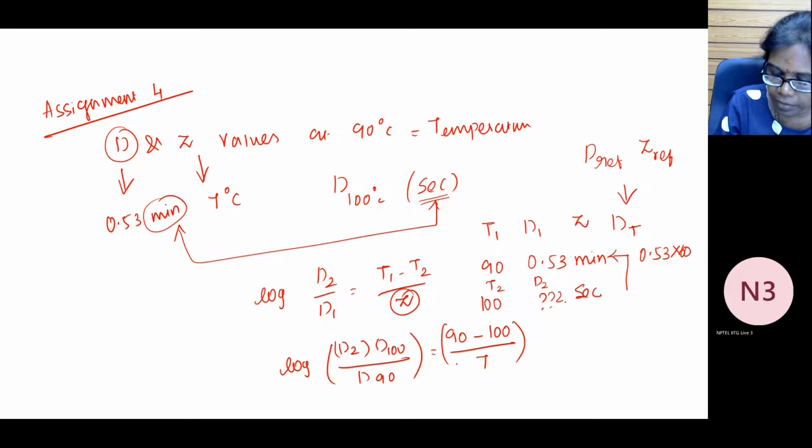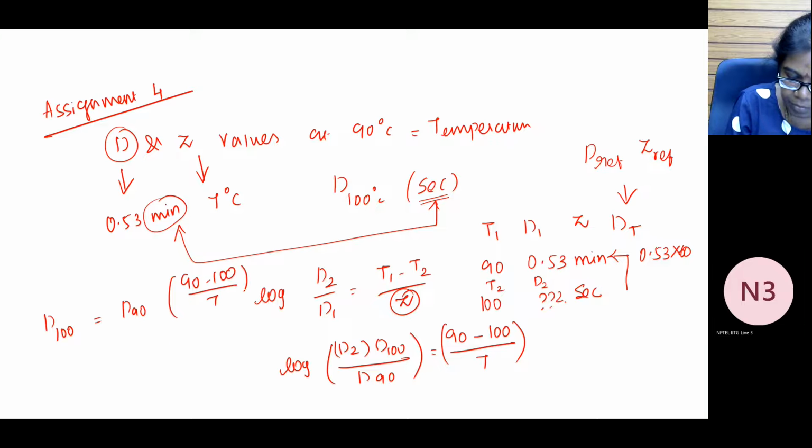You calculate and you will get a value, which is the log of this. If you want D at 100, you multiply this D90 and then 90 minus 100 upon 7. You need to be careful with 0.53 into 60.